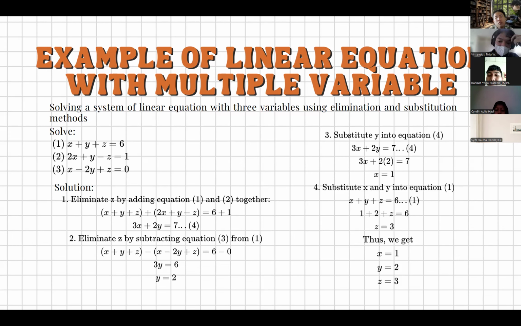Then we substitute x and y into the first equation, which is x plus y plus z is equal to 6. After substituting x and y, we get z is equal to 3. Thus, x equals 1, y equals 2, and z is equal to 3.